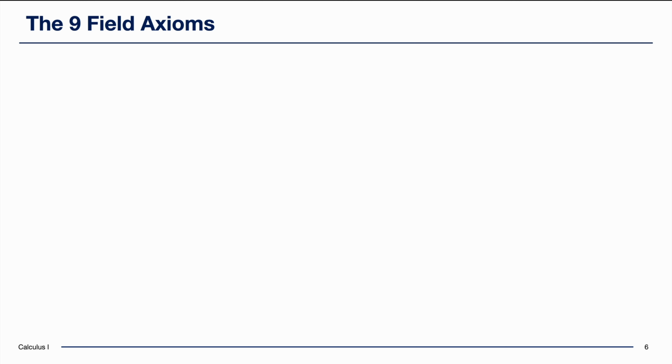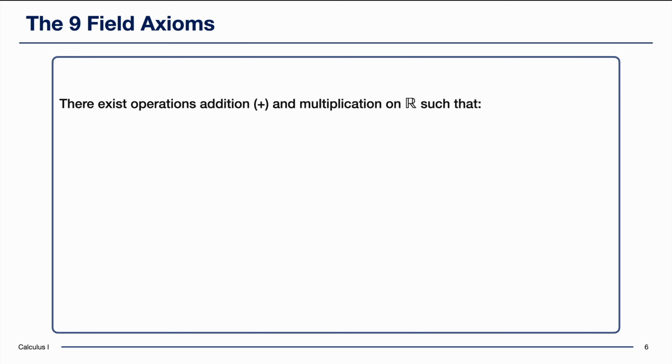Now let's get into what these axioms are. We'll start with the 9 field axioms. So first, there exist operations addition and multiplication on the real numbers such that the following. Note that we don't define explicitly the operations of subtraction and division. Those are implicitly defined by the axioms. Our basic operations are addition and multiplication.